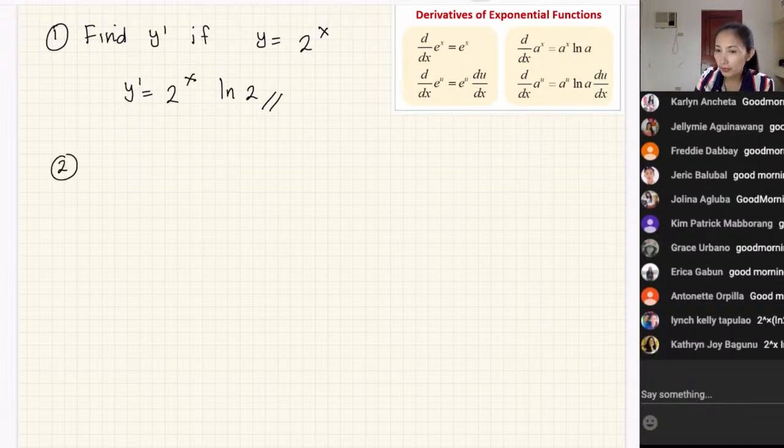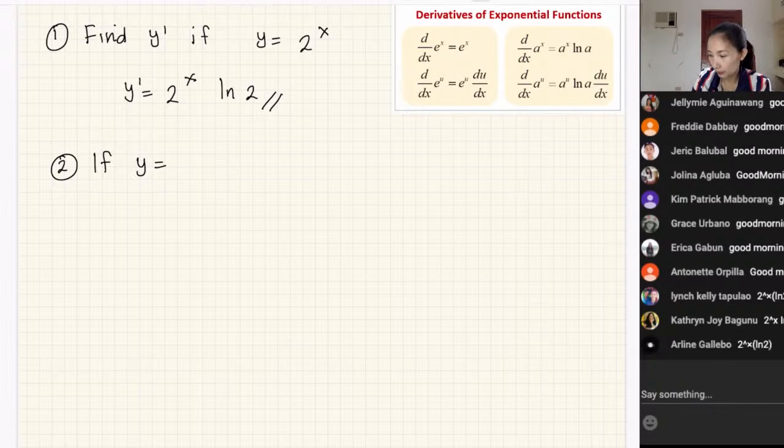If y is equal to 1 over e raised to x, find dy over dx or y prime. Okay, how shall we simplify this?